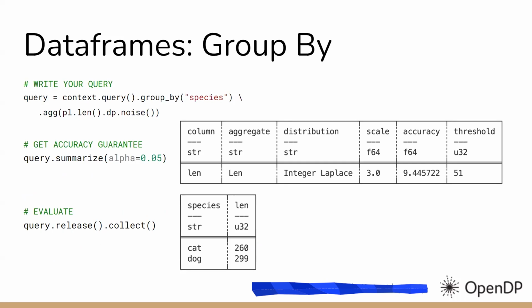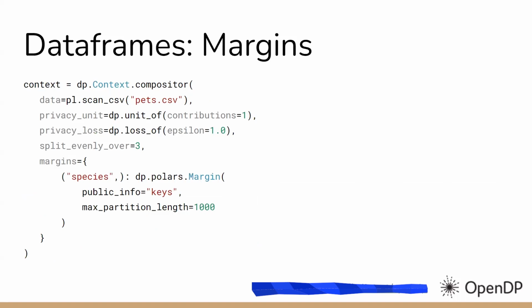All right, so getting a little bit deeper, what if we are confident that the set of species is public information? We don't want to protect that. For example, the Census Bureau is releasing counts per zip code, and they don't want to filter away zip codes with few records in any case.